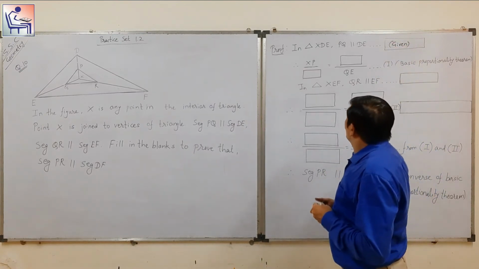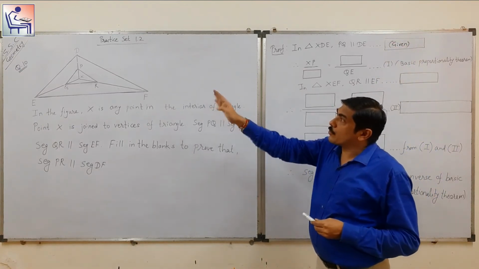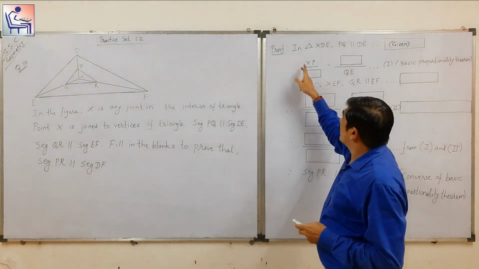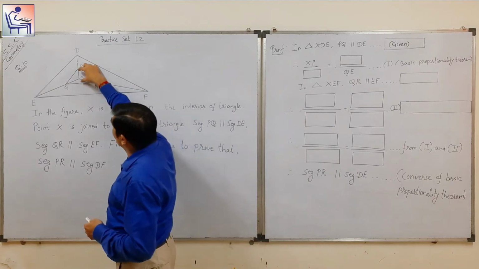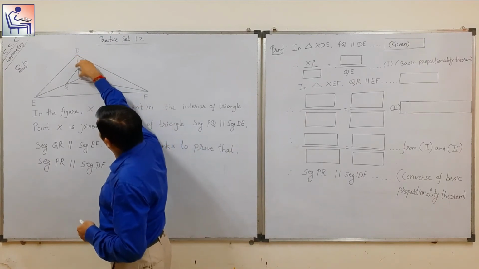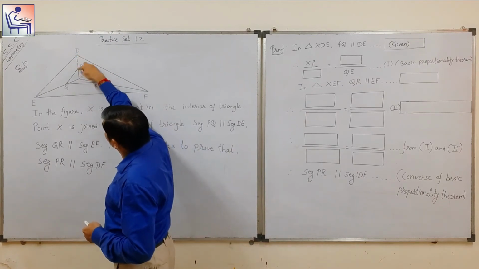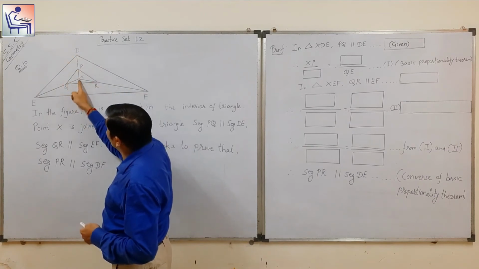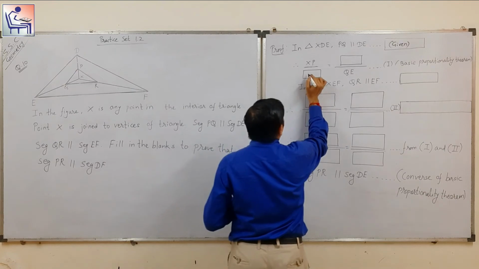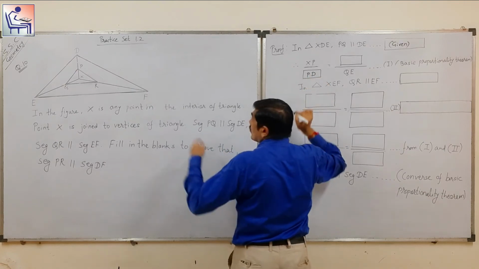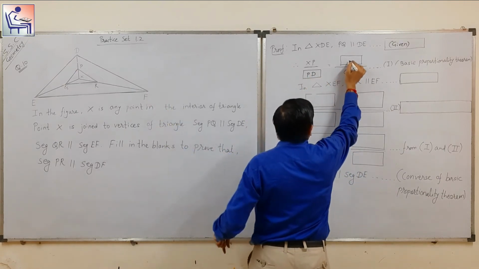Now, if PQ is parallel to DE, then by the basic proportionality theorem, XP upon PD is equal to XQ upon QE.